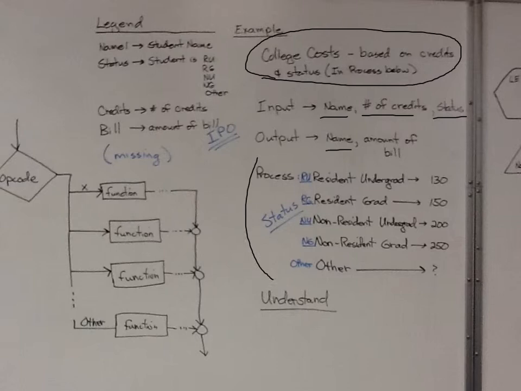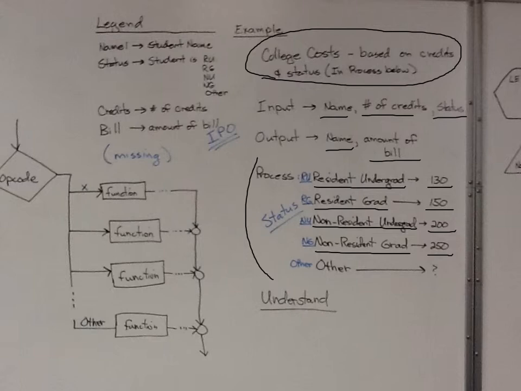We want to know their name and how much they're going to have to pay. So make sure we understand the problem. If you're a resident undergrad, it's $130 per credit. Resident grad, $150. We made these up. You know, we just picked numbers we thought were maybe close. Non-resident undergrad, $200. Non-resident grad, $250.